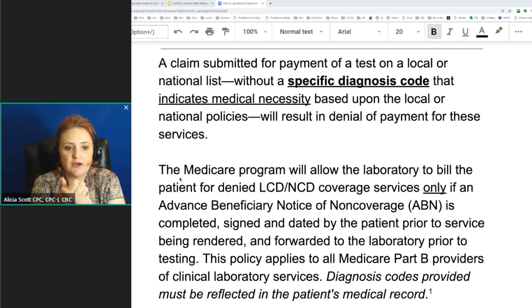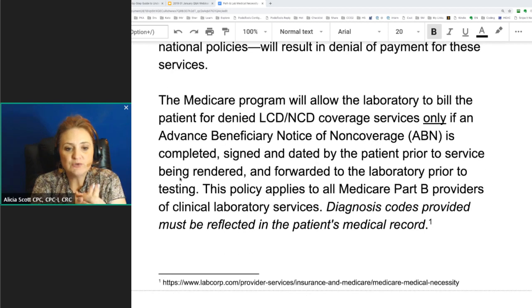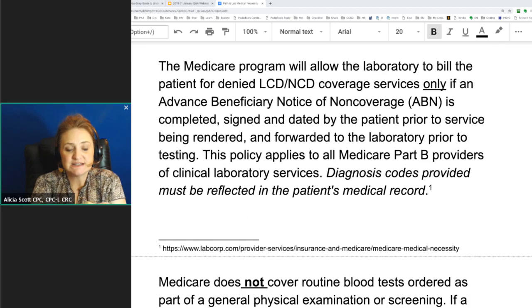Now, also, when you look at LCDs and NCDs, this was something very informational. If you want Medicare to pay, then they'll only do it if you have an ABN completed. We've done lectures about ABNs before. You can go to our YouTube channel, or you can go in the club and look all over the place.